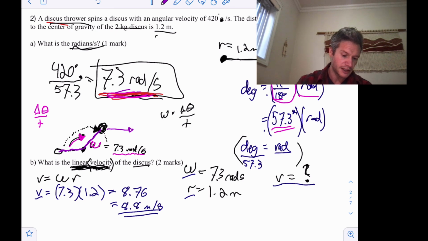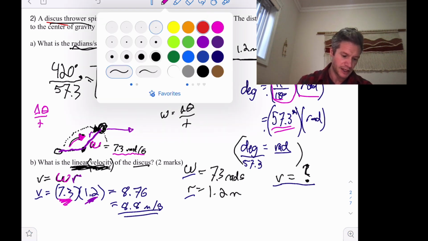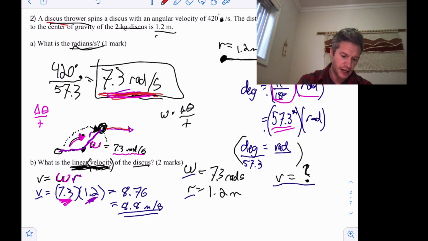So the radius, the length of the arm, that's this one, 1.2 meters, times, so it's proportionate to, the angular velocity. And of course that gives us this catapulting discus potentially off into the air at a linear velocity of 8.8 meters per second.